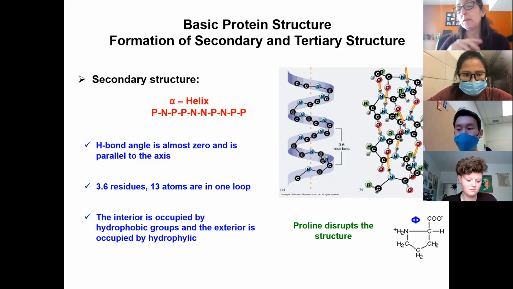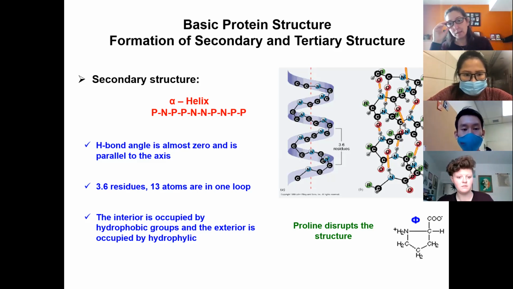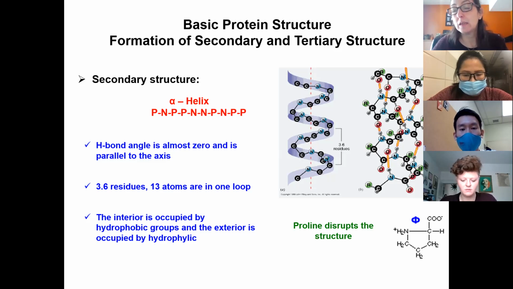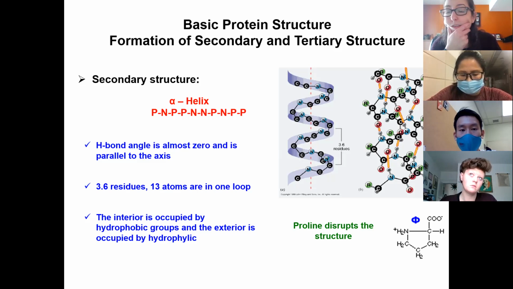I point it out because later when I talk about caseins, I'll tell you that proline is about 17% of the composition of casein. So for casein, you see very little alpha helix and beta sheet and a lot of random structure. Because of that, it has an open structure rather than a globular structure as well. This is important later on when we talk about the functionality of the caseins.